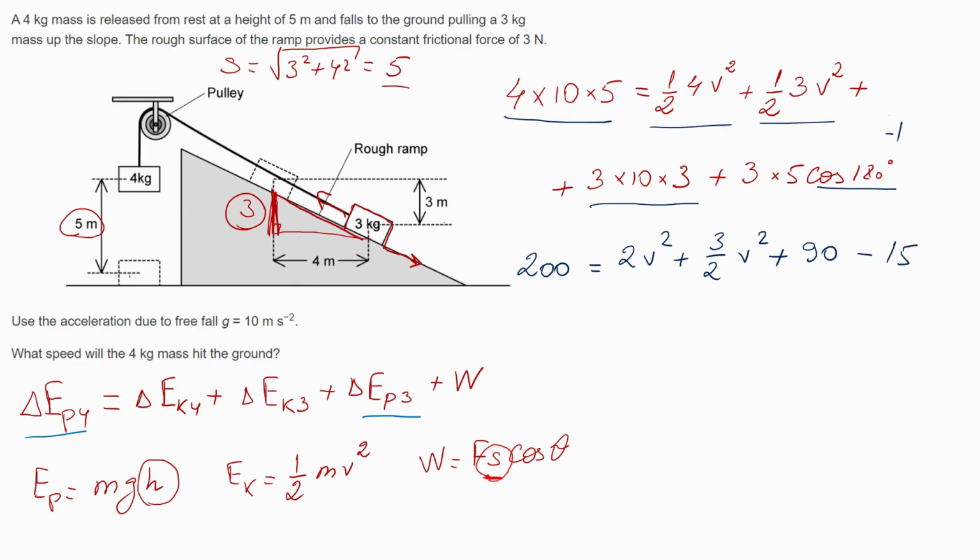Now we add them, and v squared is equal to 125, and the speed will be the square root of 250 over 7. This is our answer, and the speed of block 4 is equal to this answer.